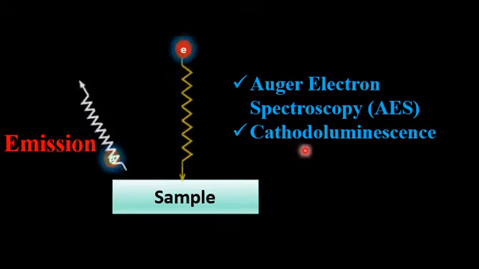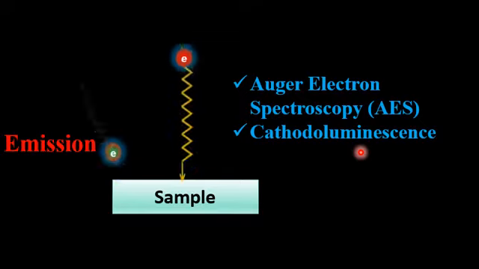Students, please note that cathodoluminescence microscopy is a technique which gives us information about the sample. Cathodoluminescence microscopy is a term used to describe the analysis of the light emitted from the sample in an electron microscope.